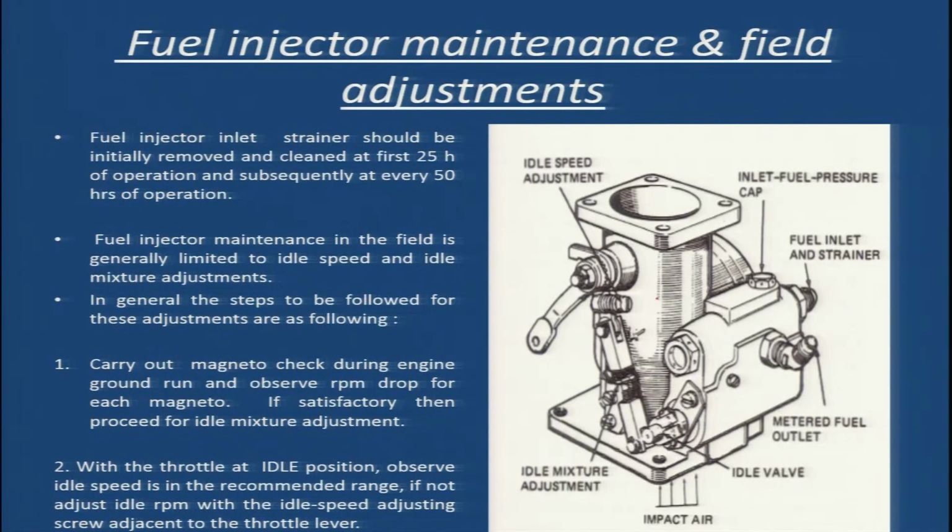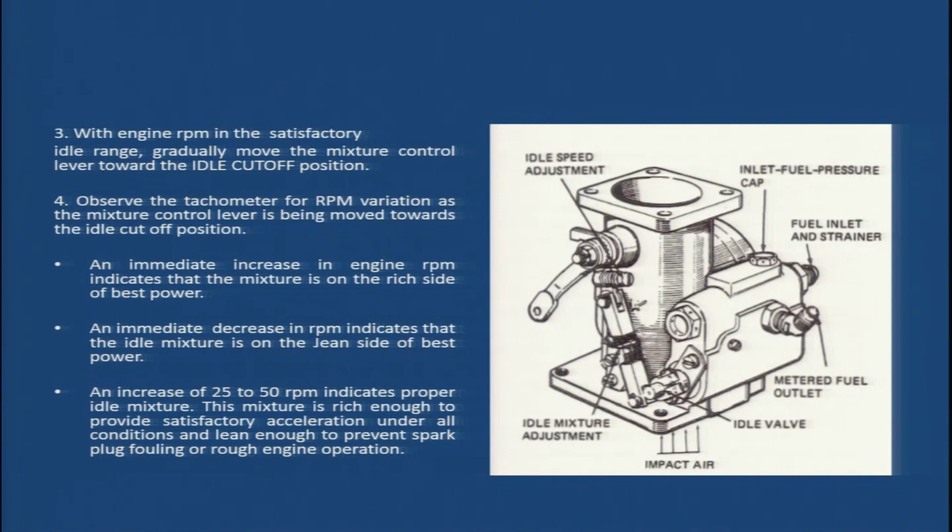Here in the figure, you can see this is your idle speed adjustment screw. Through this screw, we will adjust the idle speed and see if it is in the satisfactory range. Now, with engine RPM in the satisfactory idle range, the engine is idling satisfactorily.